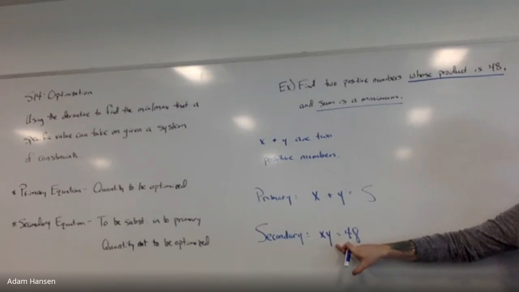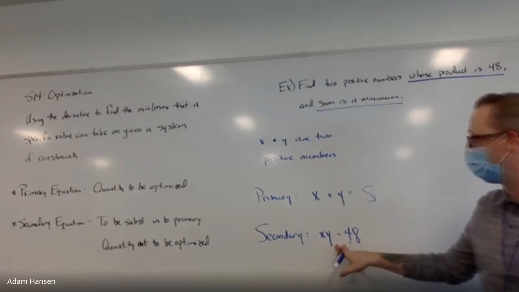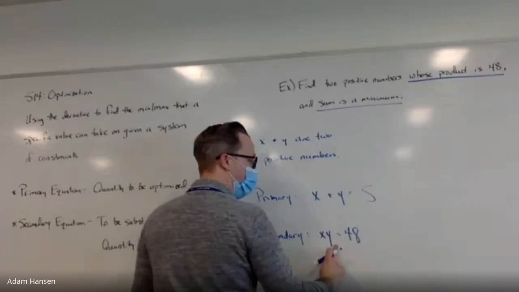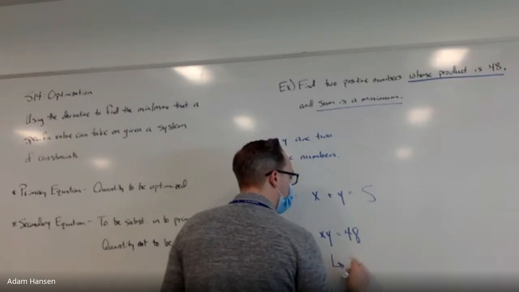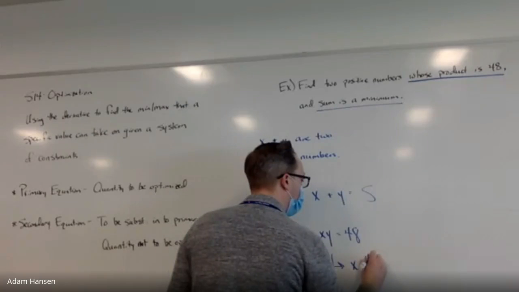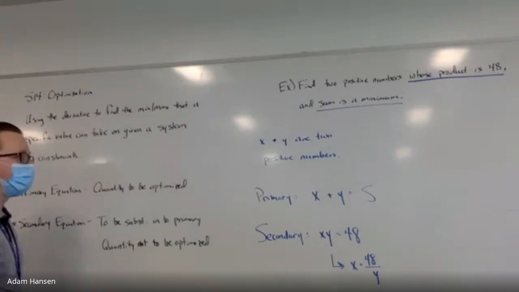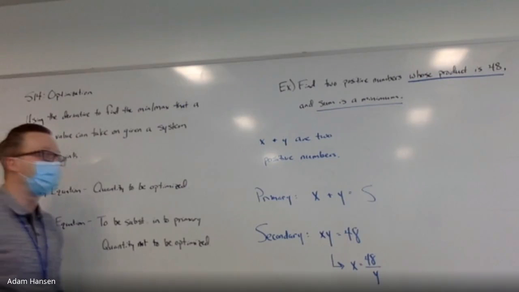I need to solve this secondary equation for either x or y. It doesn't really matter. Which one do you want to solve for? X, all right, so let's solve for x. I'll need to divide each side by y. If x times y equals 48, to solve for x, I divide each side by y.